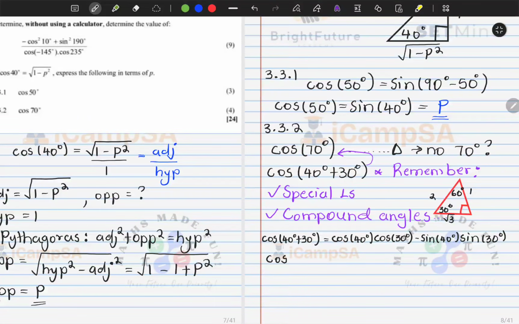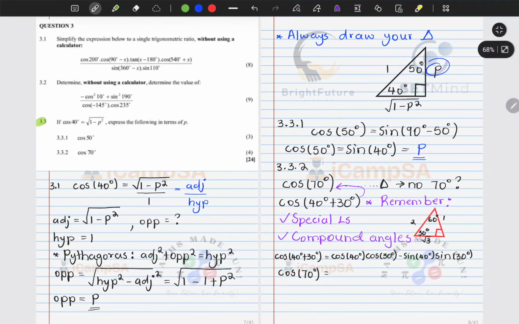So this means that this cos of 70 degrees will end up being cos of 40 degrees, if you observe carefully, that divided by 1. So cos of 40 degrees is just square root of 1 minus p squared. Okay, then cos of 30 degrees is square root of 3 divided by 2.